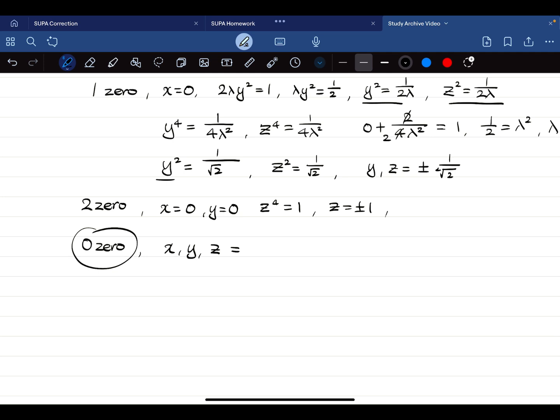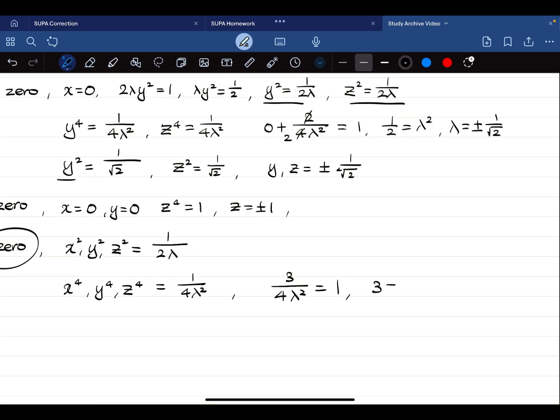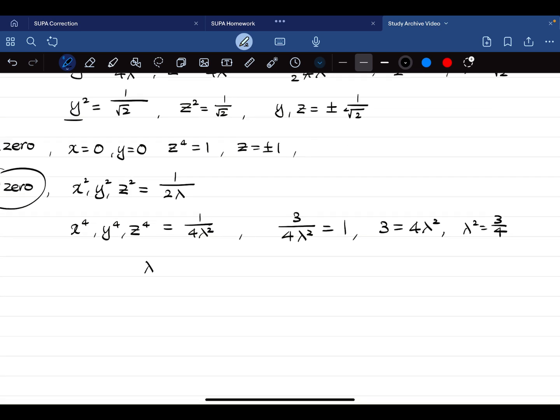And for our no-zero case, which is going to be the most difficult, it is going to look something like the original. So we already know that our x squared, y squared, and z squared are all going to look something like this, which means that all of them to the power 4 is going to look something like this. And because there's 3 of them now, 3 over 4 lambda squared is going to be 1. So 3 equals 4 lambda squared. Lambda squared equals 3 over 4.